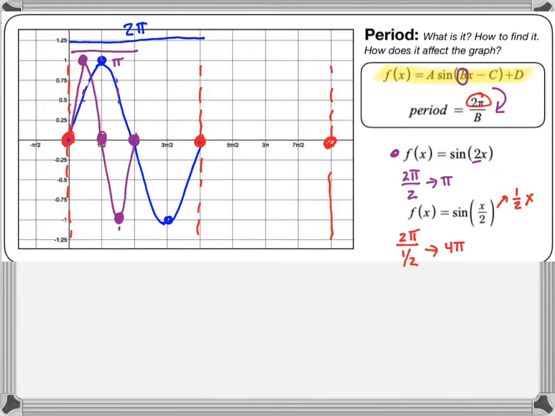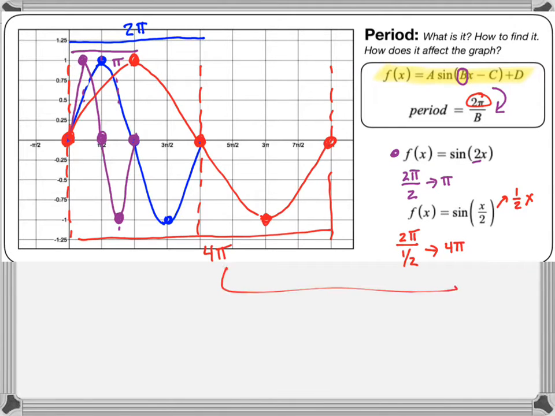We need to go up to 1 first, and then we go down, and then we go down to a -1 here. And then we can connect all the dots, going through 1 period. And the period then is going to be 4 pi, as we see right here.